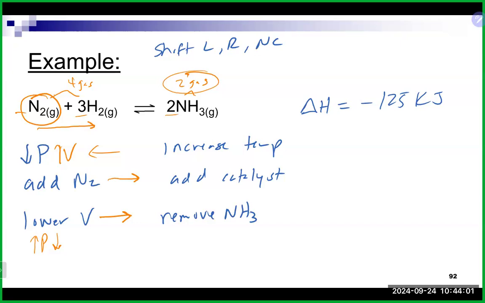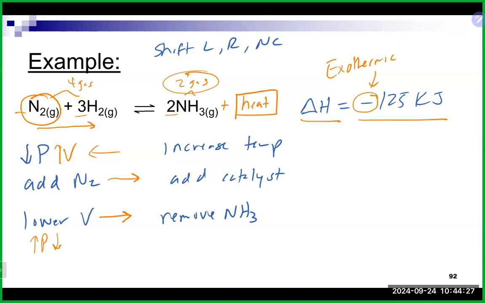I increase the temperature here, so that is where my delta H value is going to come into play, and really not the value, but the sign here. That sign is negative, which means this reaction is endothermic or exothermic. It is exothermic, right? Because of the sign. That means that we can consider in this application heat as being a product, like it's being given off.